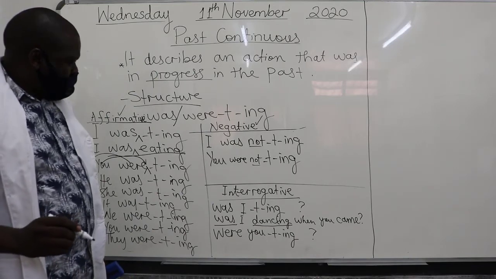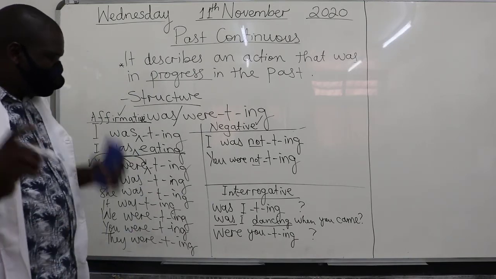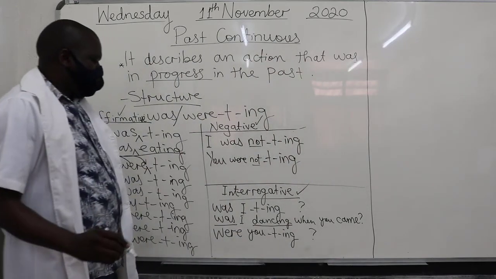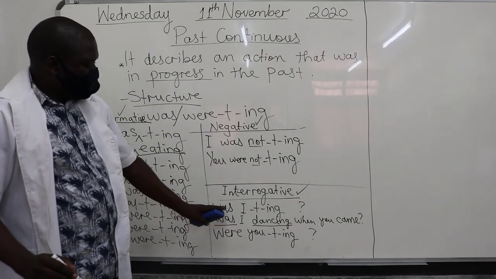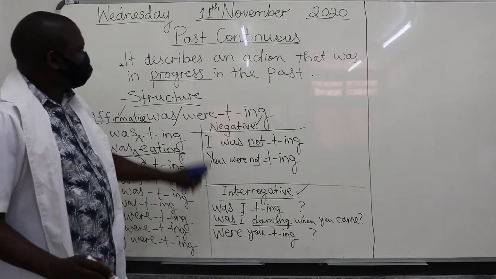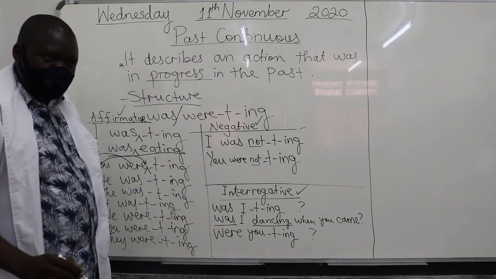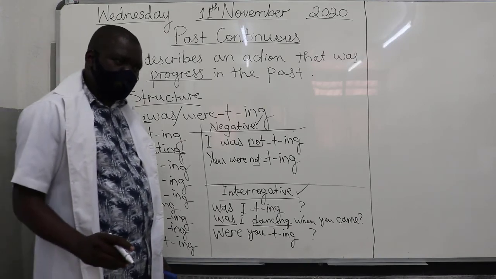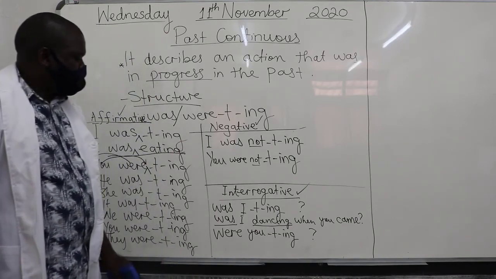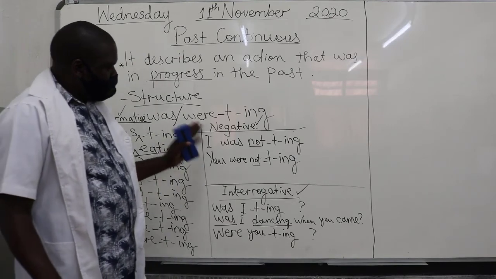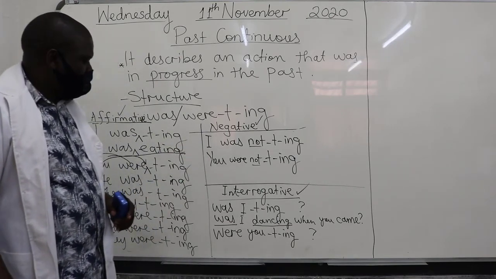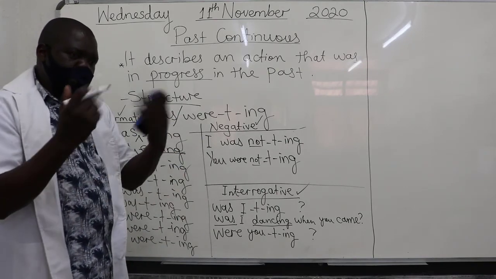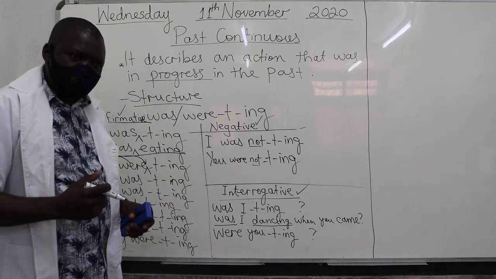And lastly, I want you to write 5 questions using the past continuous. Have you understood? Good. So this is your work for today. When you are through, just take a picture and send your work to me.